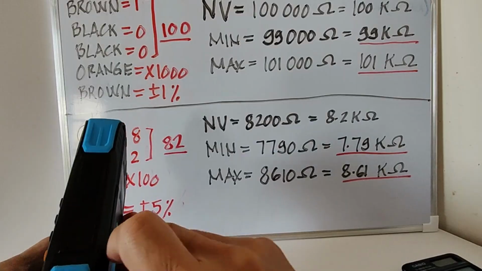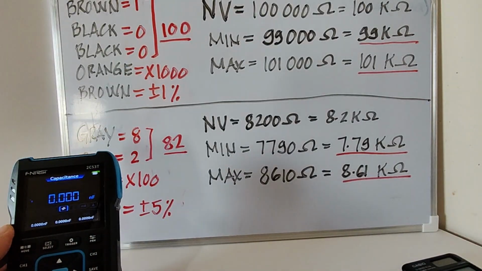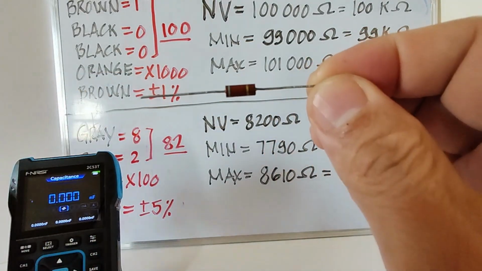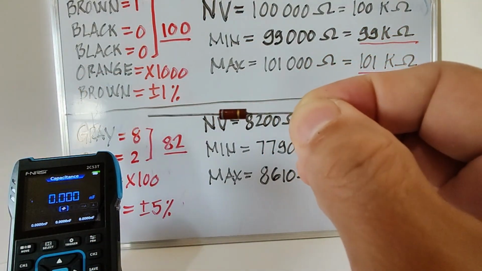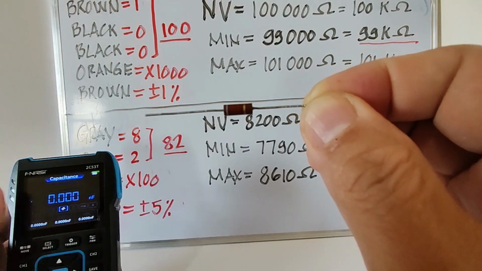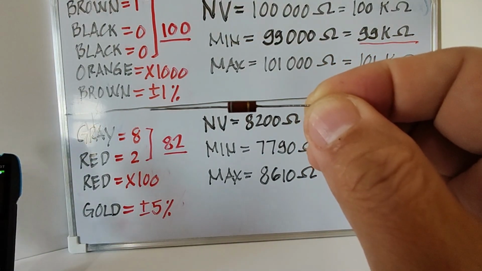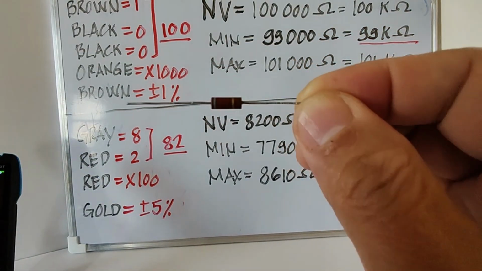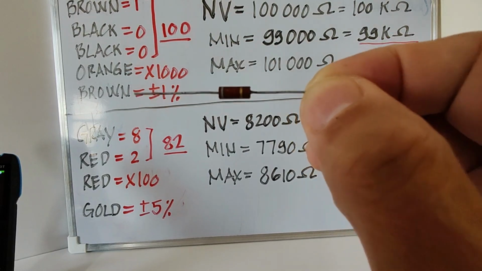The other resistor, the brown one, is this one. Based on the color code, it is a 4-band resistor, by the way. The first color is gray. The second color is red. And the third color, also red.